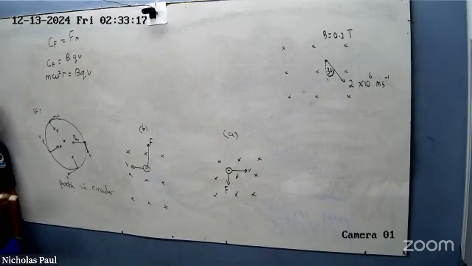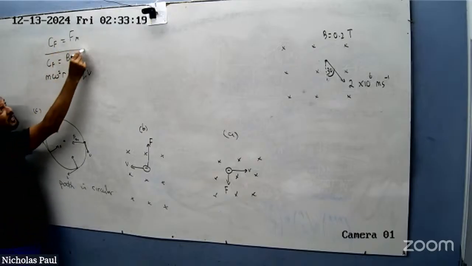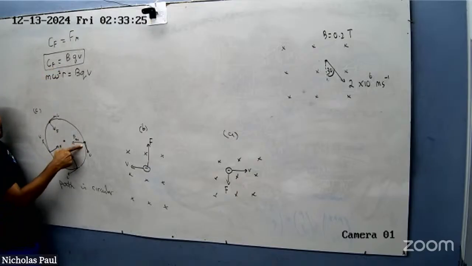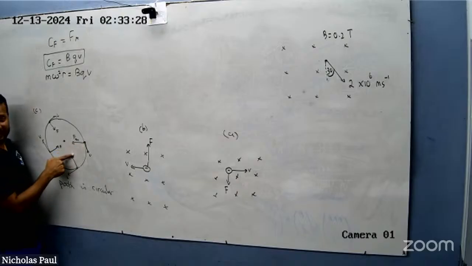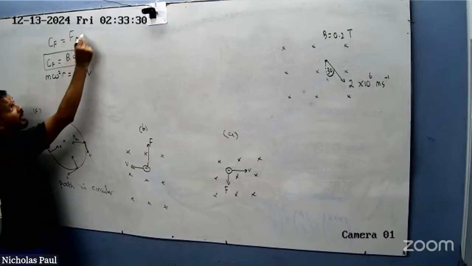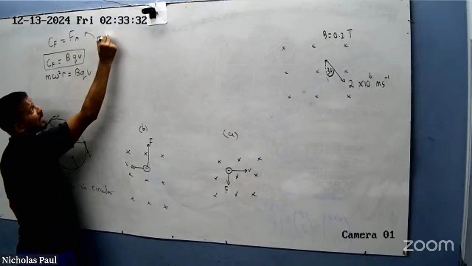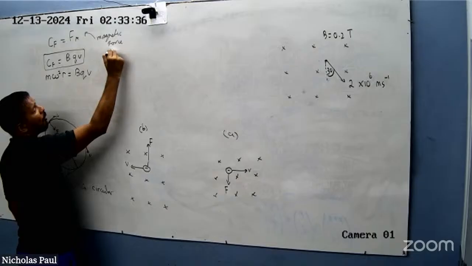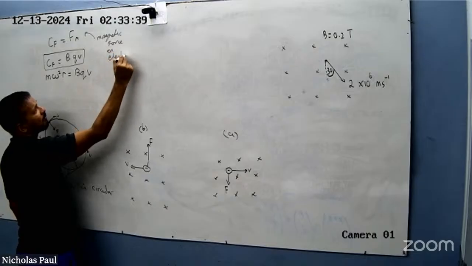All right? So what's important here is to remember that the centripetal force for this electron is provided by the magnetic force on the electron. Right?